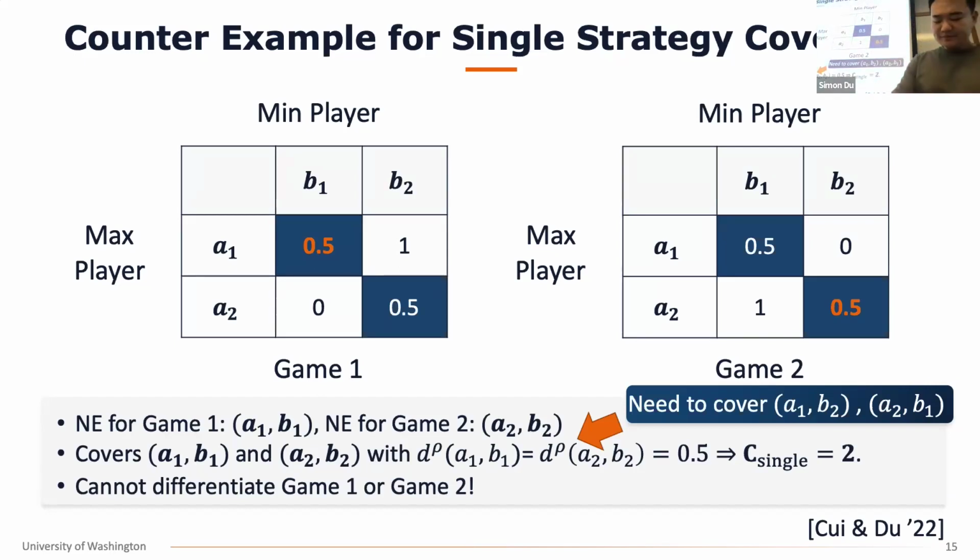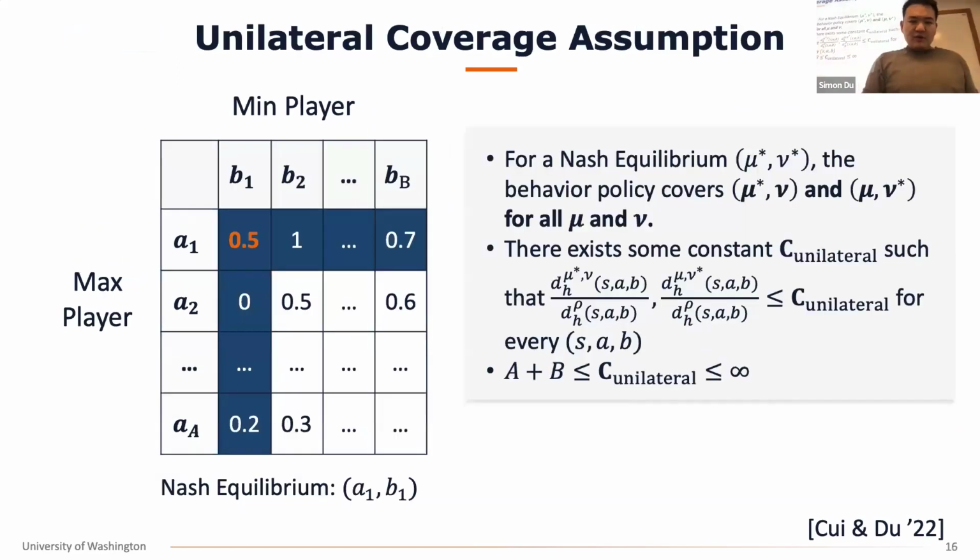So the point here is that if you have this kind of data set, then it's not sufficient, and you do need some information from A1, B2 and A2, B1. So what do we need? This is what we propose. It's called the unilateral coverage assumption.